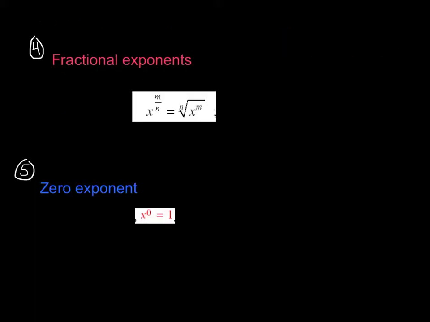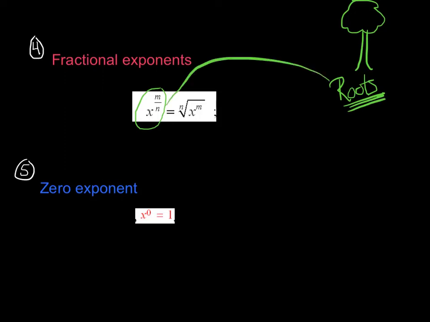Number 4, fractional exponents. X to the m over n is equal to the nth root of x to the m. Here's the way I always think about it. Picture any flower or tree or whatever it may be. Where do you find the roots of a plant? Hopefully you're saying the roots are always in the bottom. And that's how I remember this. The root is always in the bottom.